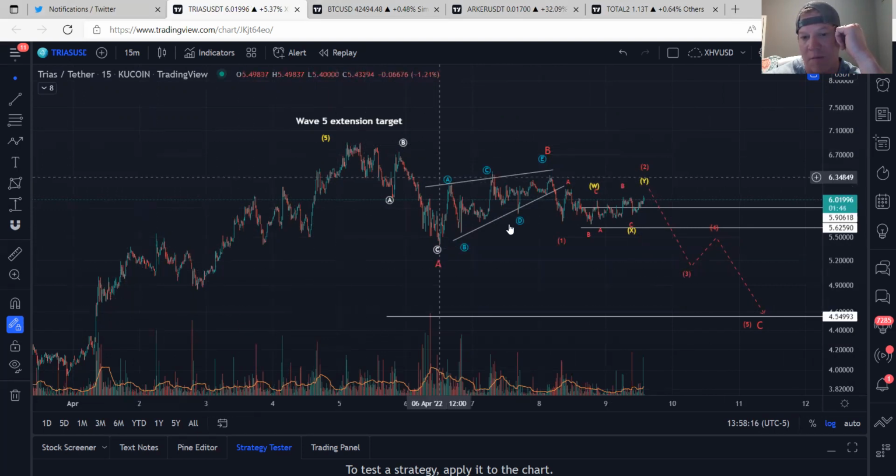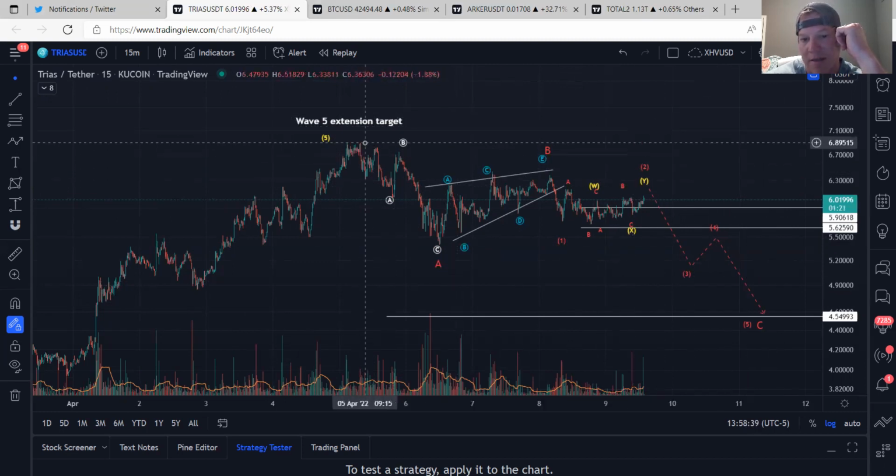So ultimately, this wave 5 extension would end up being a 1 wave, and then this whole entire corrective structure would end up being a 2 wave. Which is still bullish, which means that we are still in an uptrend, and the next 3 wave is going to be a very large leg up.